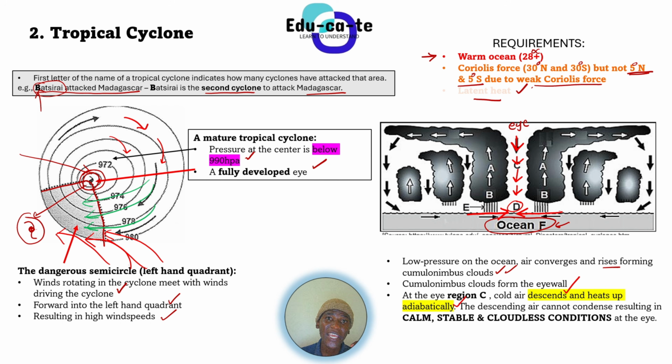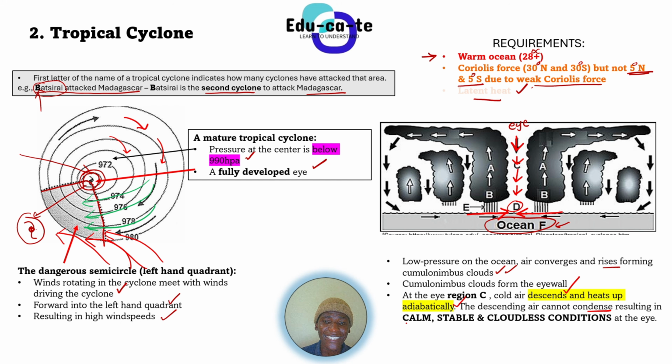Remember that for air to be able to condense, it must cool. Warm, moist air must cool down and condense at the upper atmosphere. But here we have got the opposite. We have got cold air that is descending and it is becoming warmer and warmer. So basically, when air becomes warmer and warmer, there is no way that it's going to reach condensation. So this descending air cannot condense.